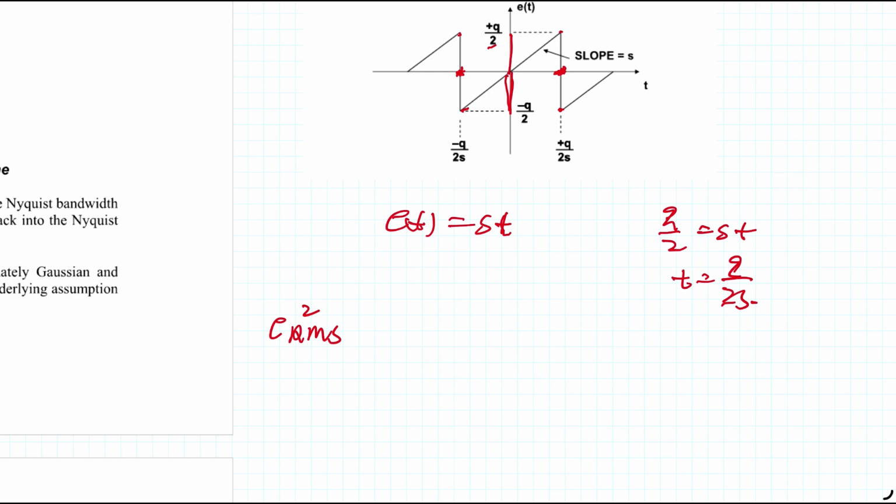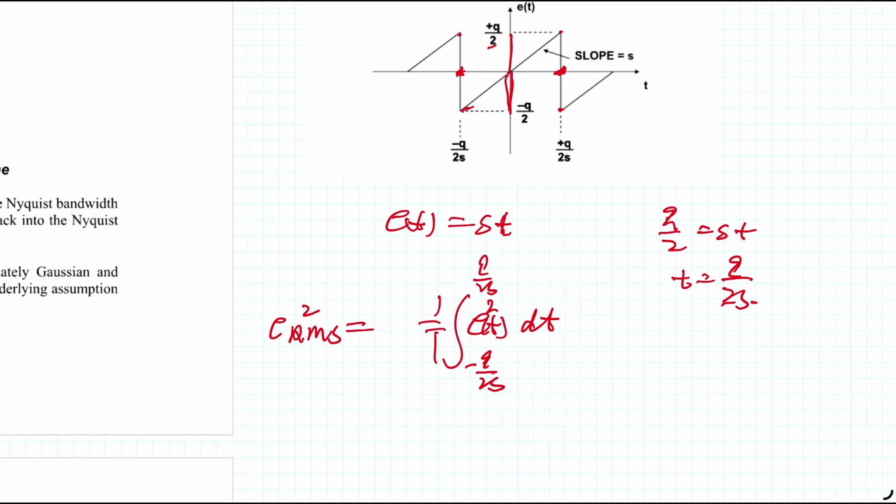By definition, we take the square first, that's e(t) squared, and we take the mean over one period: 1 over T times the integral from minus Q over 2s to Q over 2s of e(t) squared dt. We don't take any square root here because the square cancels it.